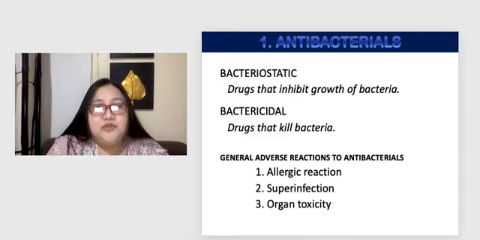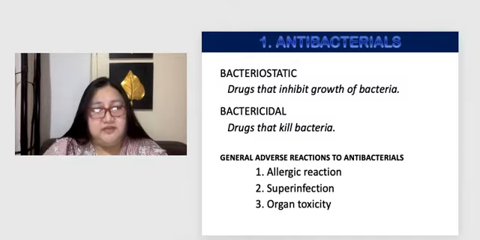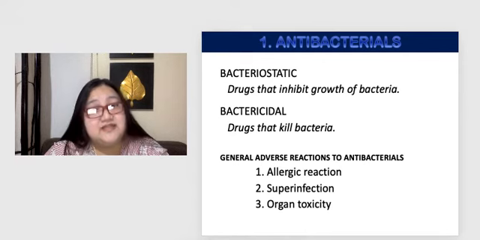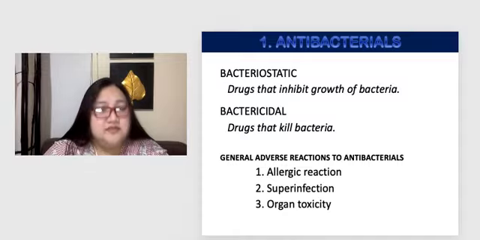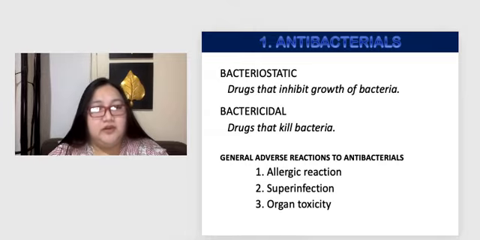And third, the antagonistic effect. For example, when we combine penicillin and tetracycline, later on we will further discuss those antibacterials, penicillin is bactericidal and tetracycline is bacteriostatic. So when you use them together, desired effect may be reduced. So again, sensitive, resistant, and when we talk about antibiotic combinations, it's either additive, potentiative, or antagonistic.